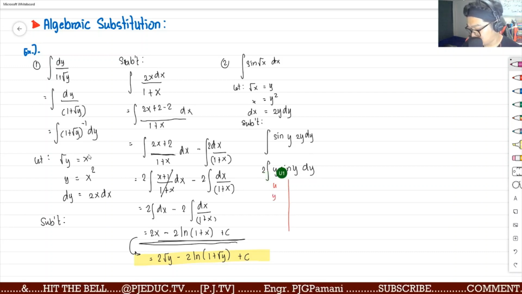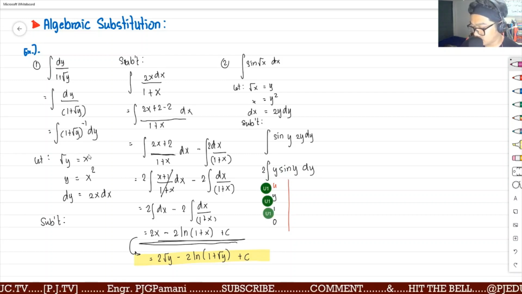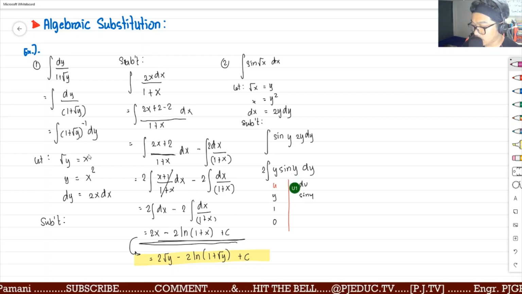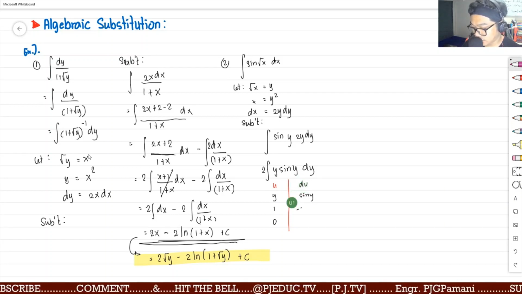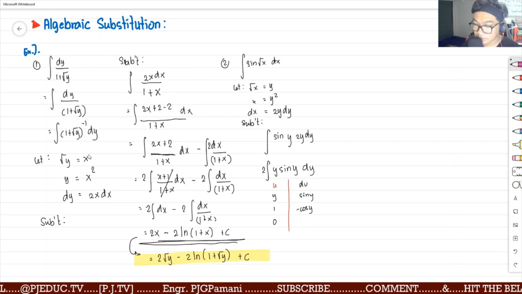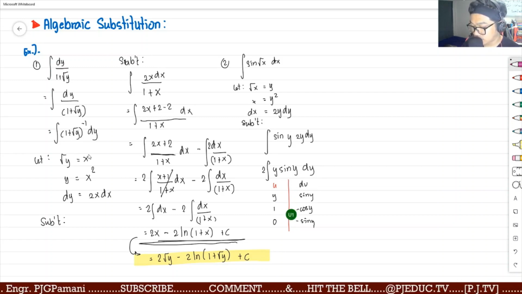y, then dv is sine y. Integral of sine y is negative cosine y. Integral of negative cosine y is positive sine y times negative, therefore that is negative sine y.